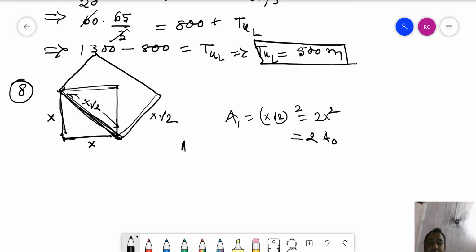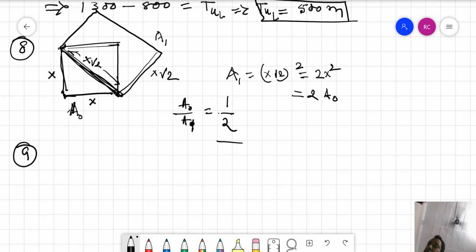So the areas of A0, which is the initial square, and A1, which is the square drawn on the diagonal of A0, would give us 2:1. Oops, it gives us 1:2.